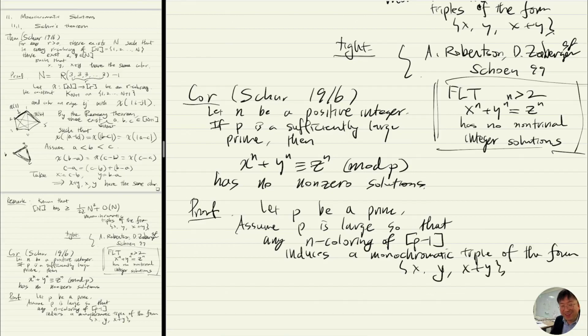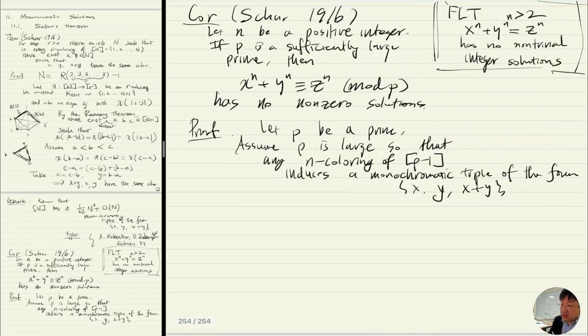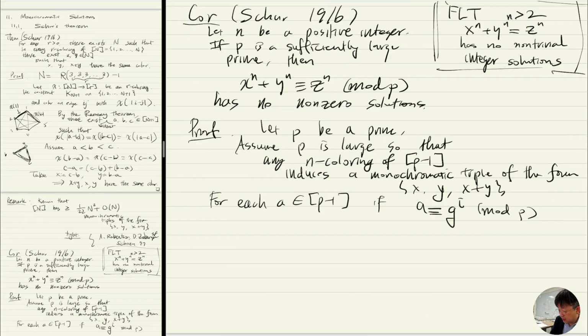The existence of this is guaranteed by Schur's theorem, the previous theorem. Now, for each a in [p minus 1], if a is equal to g to the i modulo p. Oh, I should say what g is.